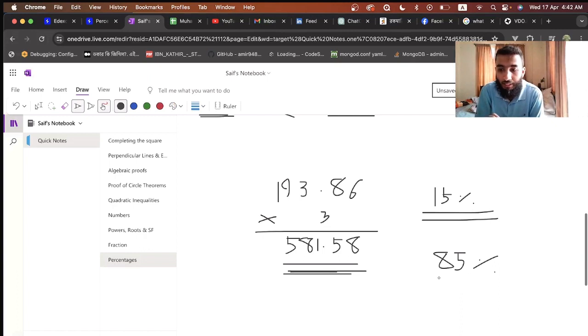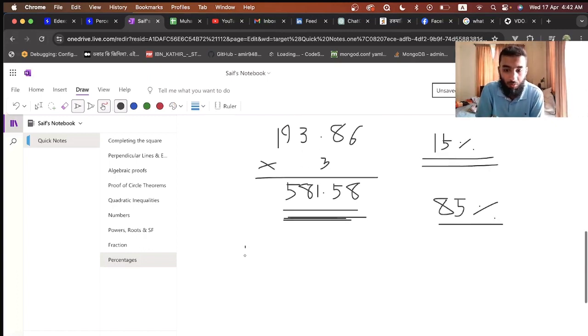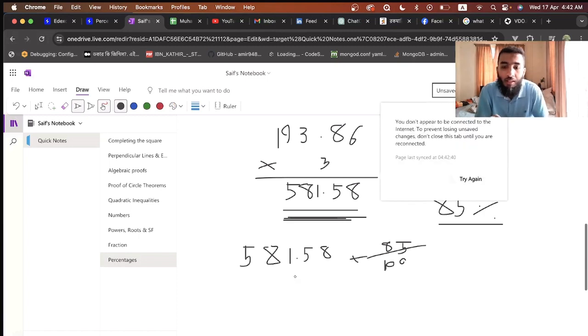So if I calculate 85% of this amount, we'll get the actual cost. So what is the actual cost? 581.58 multiplied by 85 divided by 100.